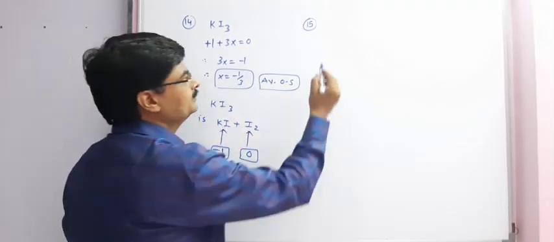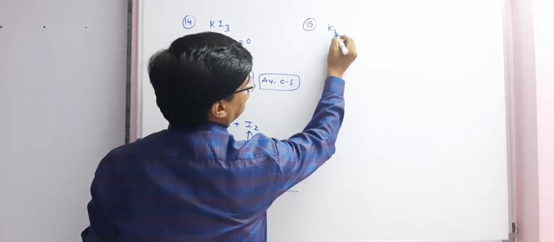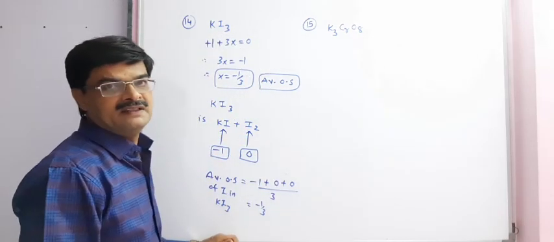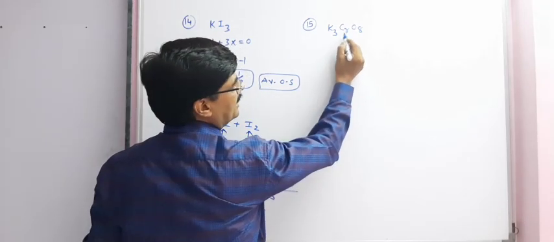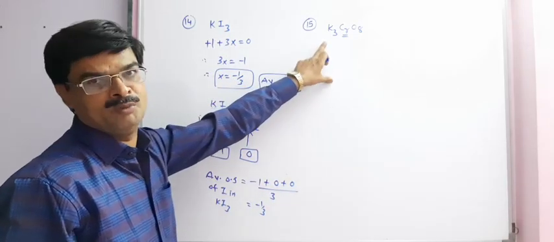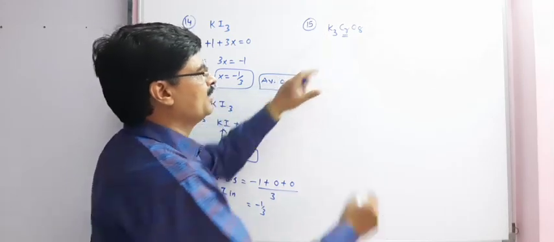Take the example of K3CrO8. First find out the oxidation state of chromium by using the formula method. Oxidation state of potassium is +1.